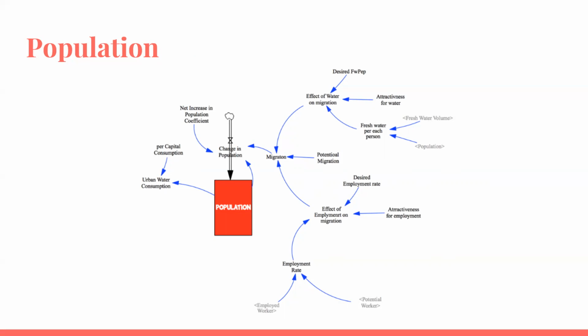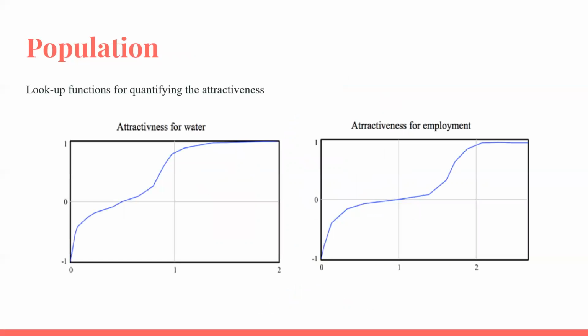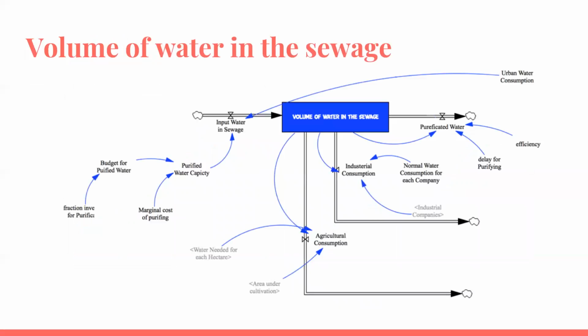In order to quantify these qualitative variables, we used lookup functions. So you can see here a nonlinear pattern that explains the behavior of attractiveness from water and employment. Here we have volume of water in sewage.